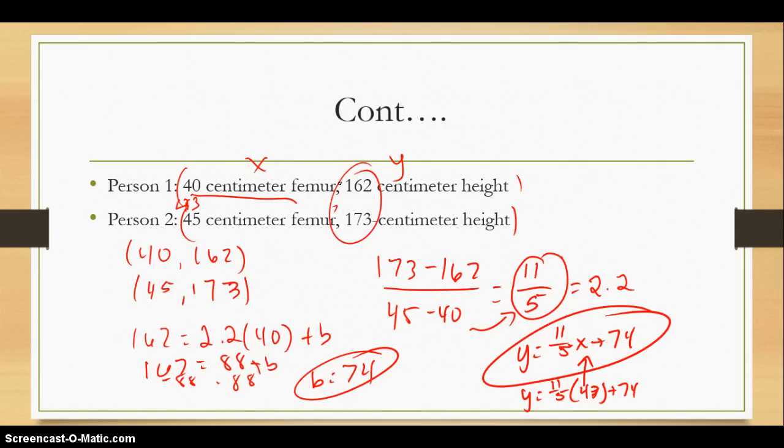So if we do 2.2 times the 43, and then we add 74 to that, we know that this individual's height was 168.6 centimeters, which fits in between here. So just make sure your information fits.